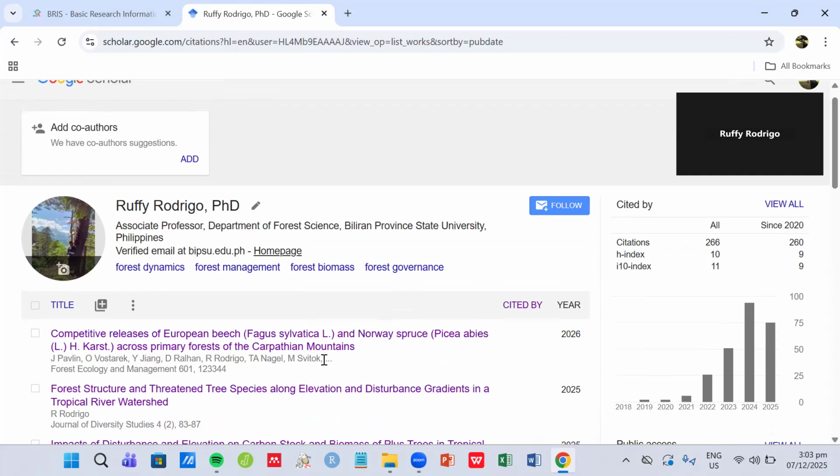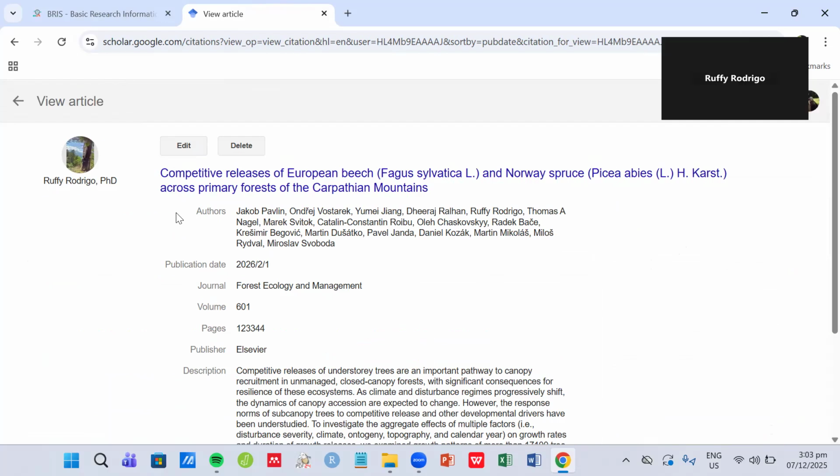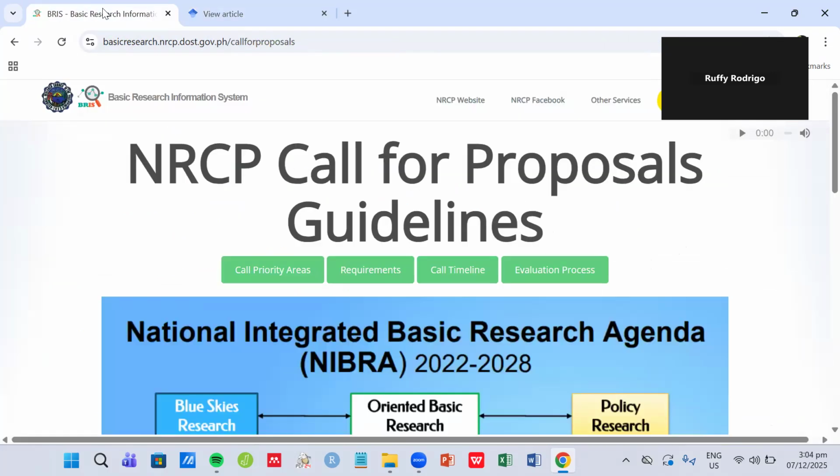And this is my current paper, a collaboration with Professor Jakub Pablin from the Czech University of Life Sciences Prague. The title is Competitiveness of European Beech or Fagus sylvatica and Norway spruce across primary forest of the Carpathians.